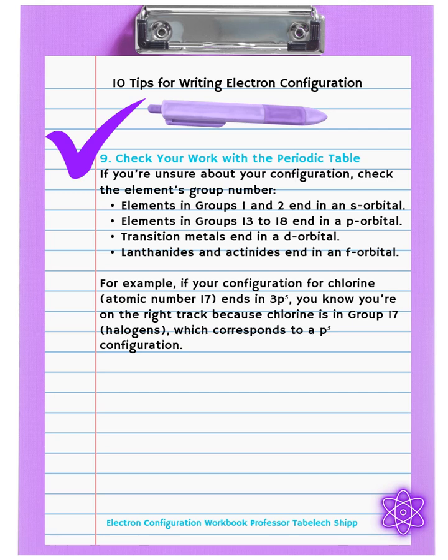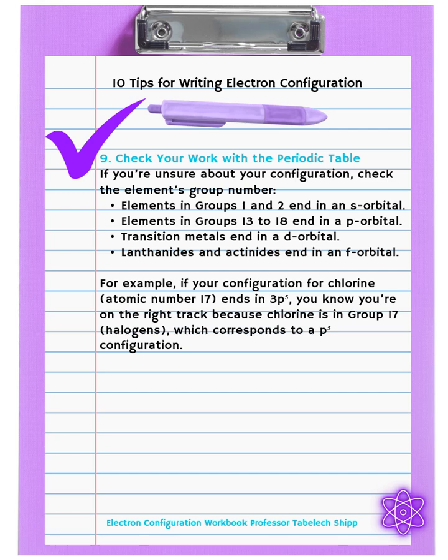Here is another tip. Check your work with the periodic table. If you're unsure about your configuration, you can always check the element's group number. So for instance, elements in groups 1 and 2 end in the s orbital. Elements in groups 13 through 18 end in the p orbital. Your transition metals will end in the d orbital, whereas your lanthanide and actinide series of elements will end in the f orbital.